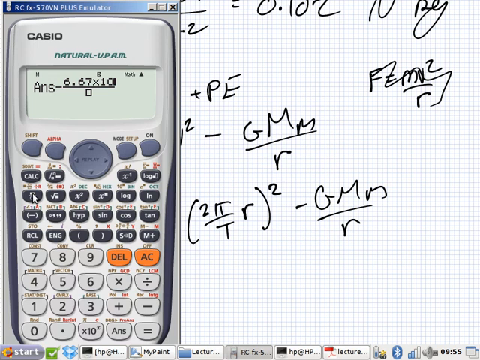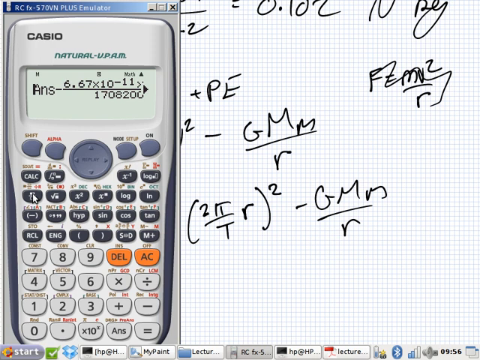6.67 times 10 to the power of minus 11 times 100 times the mass over.